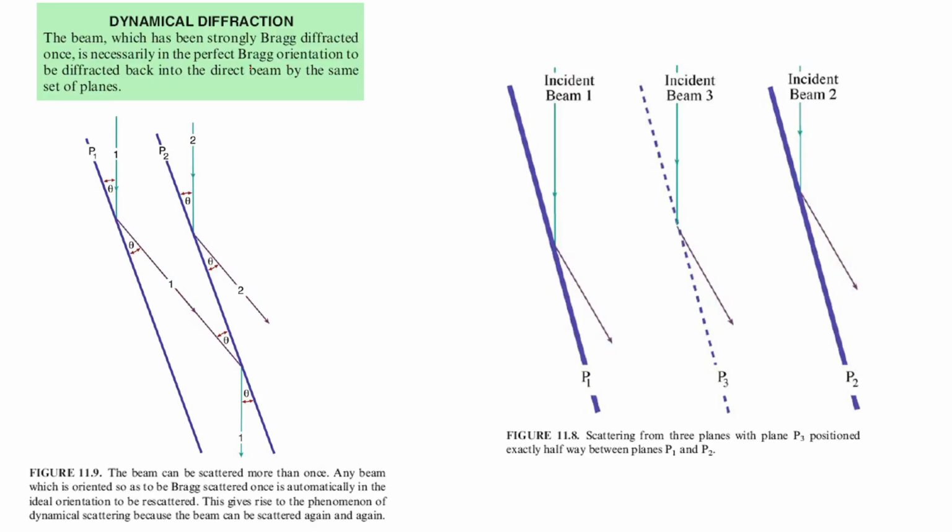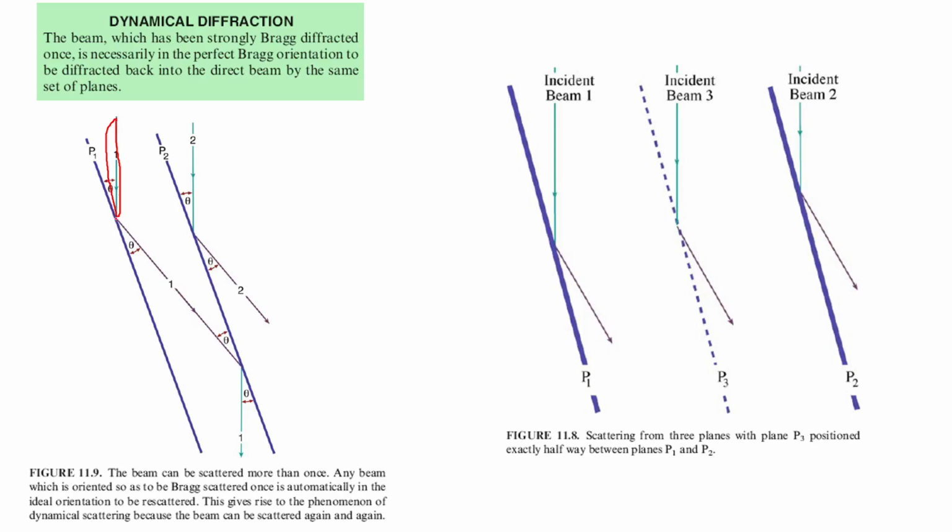And there is also some dynamical diffraction, where the beam which has been strongly back diffracted once is necessarily in the perfect Bragg orientation to be diffracted back into the direct beam by the same set of planes. What does it mean? That when your beam, for example, take this beam 1, which I am showing with the red point.